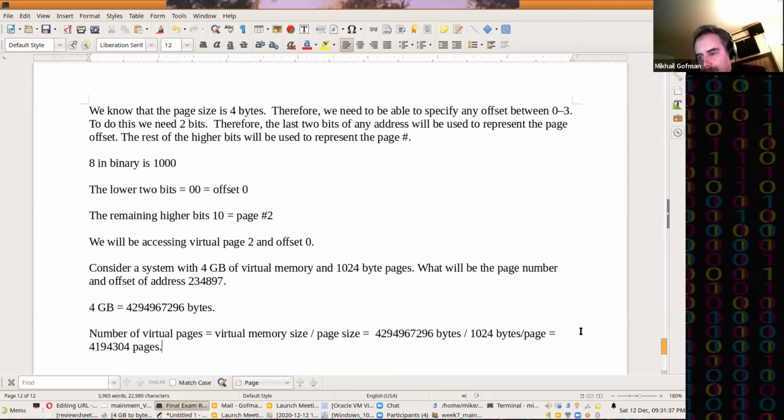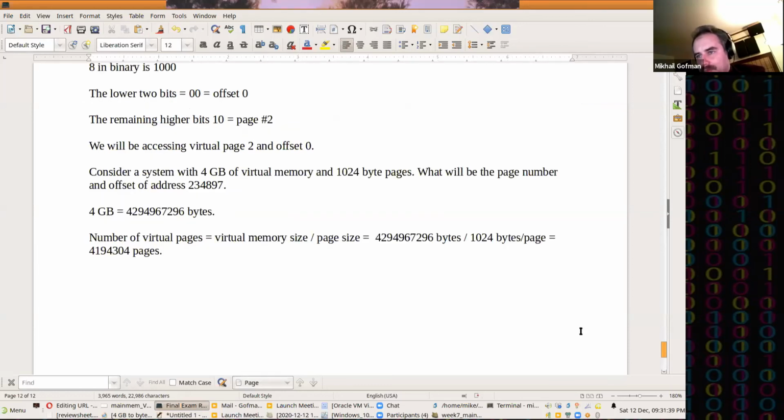Now the question asks us, what is going to be the page number and offset of this address? Well, let's figure out how many bits we need for the offset, and how many bits there are in a 4 gigabyte address.